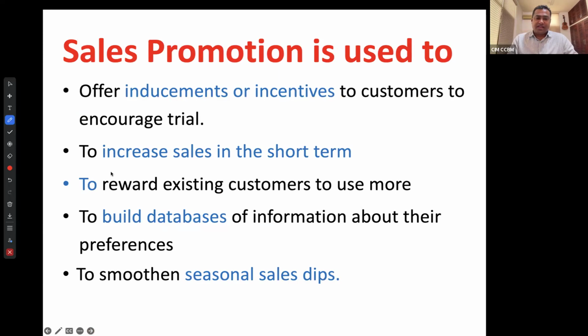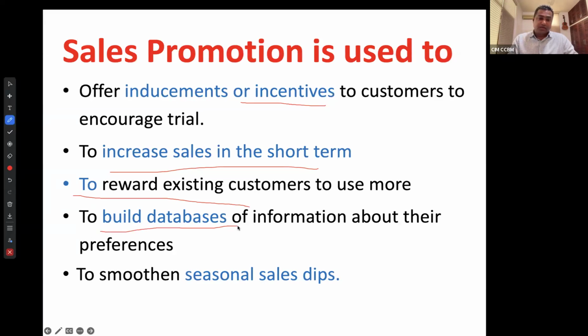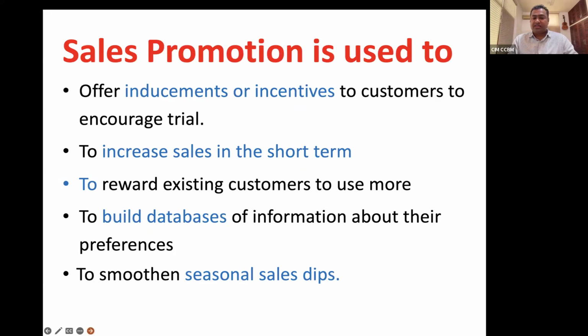It is to increase sales in the short term, to give an incentive to customers to come and buy, sometimes to reward customers, a feel good factor, to build a database, you can do it even online, and to smoothen seasonal sales dips. Sometimes you get dull months like February, April, May. Then you can run a sales promotion to smoothen the seasonal sales dips.